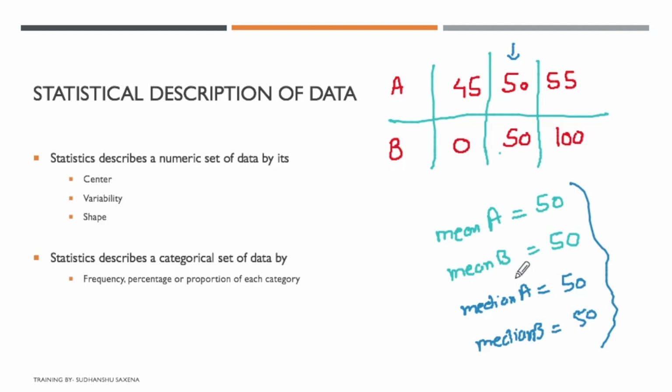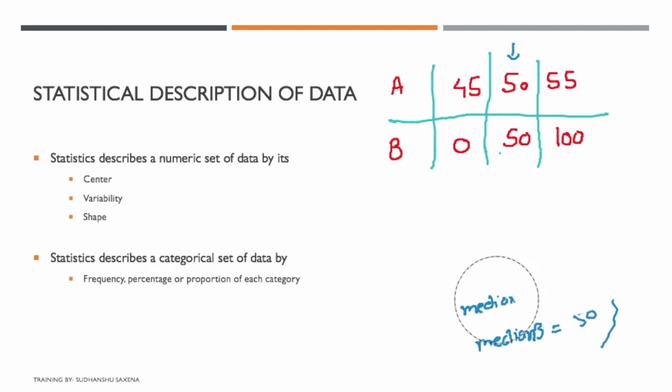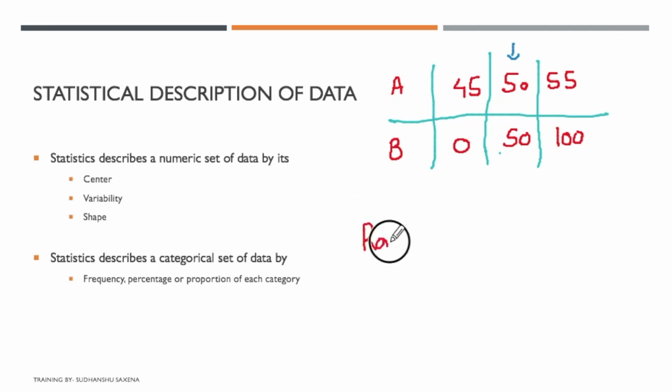Now this variability talks about multiple things. One thing is something called range. I want to show you what this range is all about, and then we'll talk about other things also. So first, we have understood this data looks statistically quite similar, and I wanted to talk about the range of the data. Range is nothing but maximum value minus minimum value.